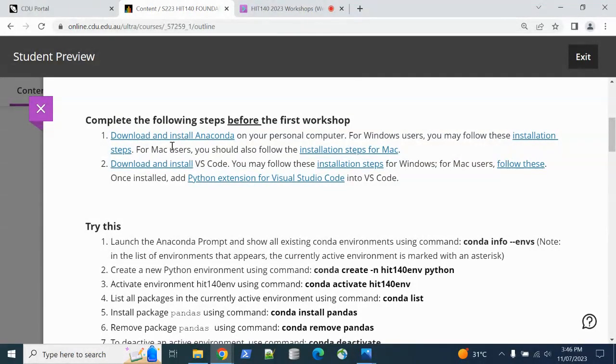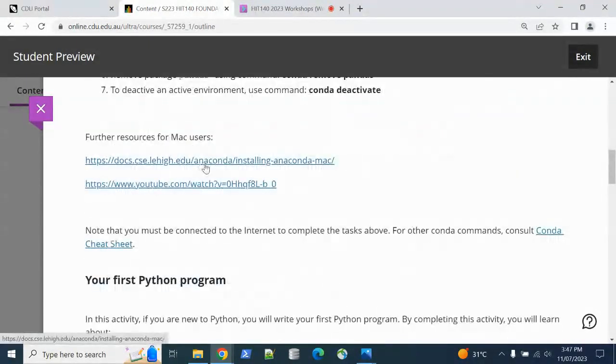I'm not a Mac user, so my level of support for Mac is limited. Therefore, I have given you installation steps, additional instructions on how to install Anaconda on Mac, as well as a YouTube video showing how to install on Mac.